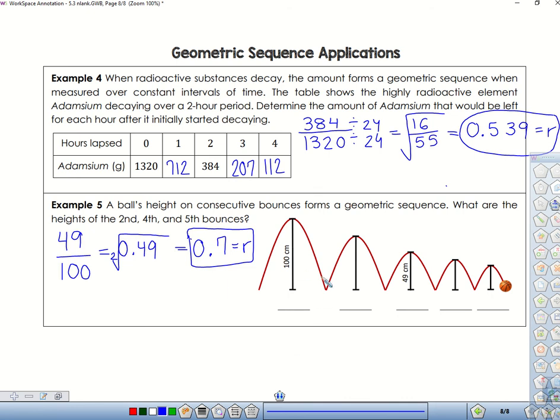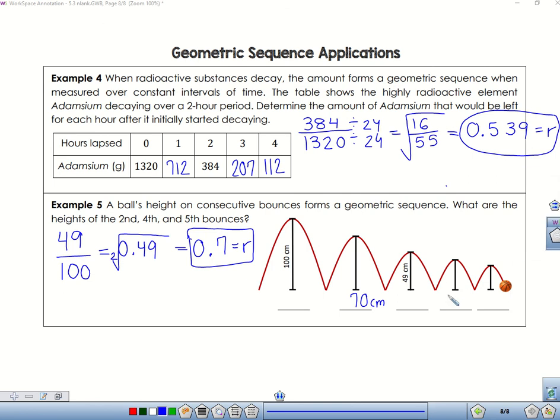So how would I get from 100 to my next bounce? What would I do with the 100? Multiply it by 0.7. Good, I'm going to multiply it by 0.7, which gives me 70. So this one's height is 70 centimeters. And now that we know what the common ratio is, how can I find the bounce after 49?